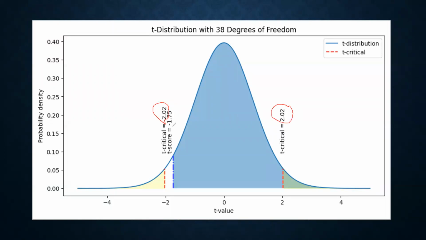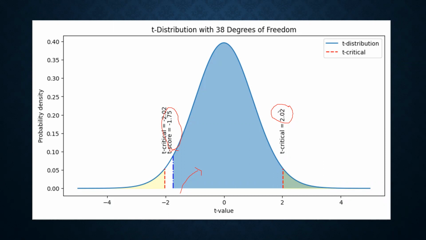And the T score that we got, which was negative 1.746, and here I just called it 1.75, is in between these two, right? So it's in the fail to reject region. So there's evidence to support the null hypothesis, which is that there's no significant difference in the mean values.